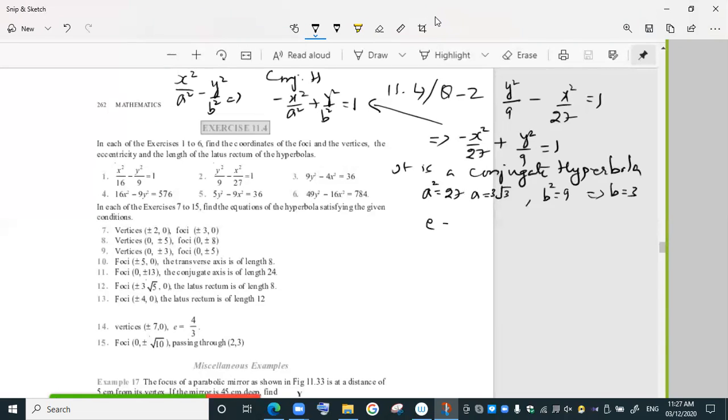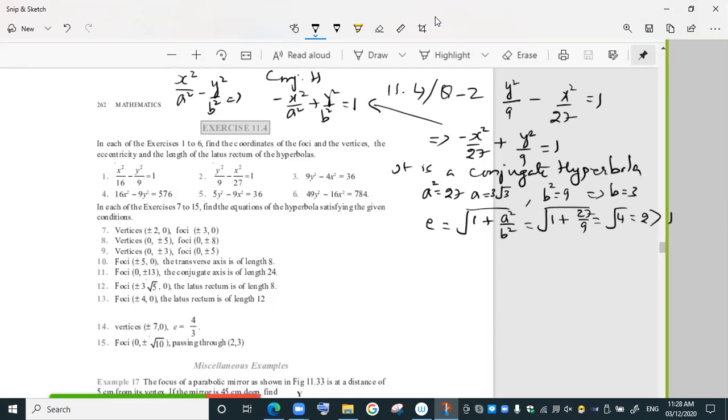Eccentricity, first always find the eccentricity, which is equal to root of 1 plus a square upon b square. In the second case, you can see the formula. So this will be 1 plus a square means 27 upon b square is equal to 9. 9 3s are 27. 1 plus 3 and root 4, that is equal to 2, greater than 1. Correct. So eccentricity is 2.